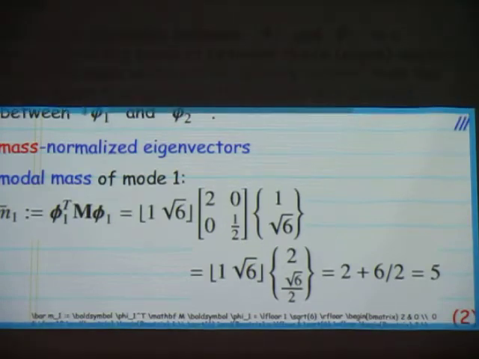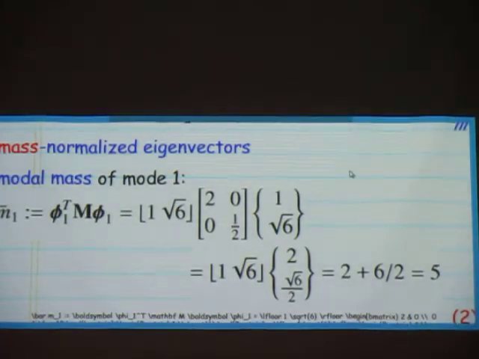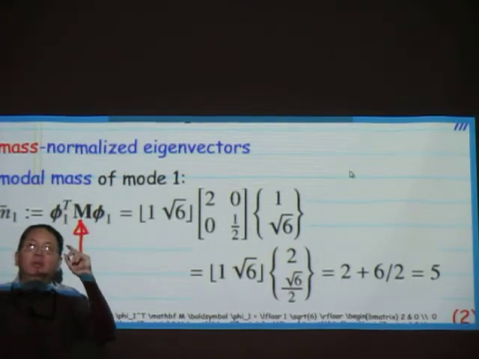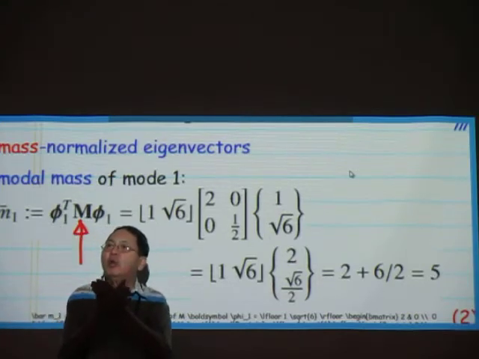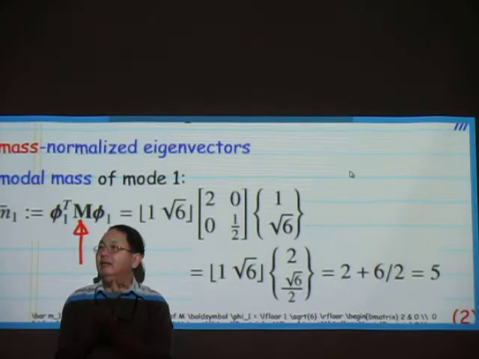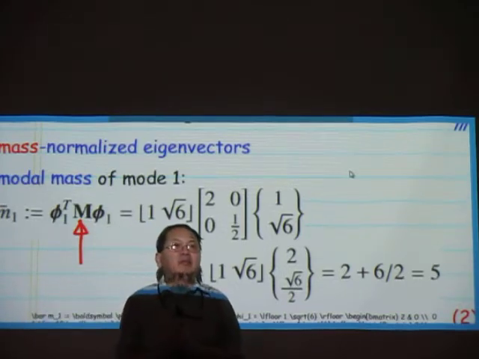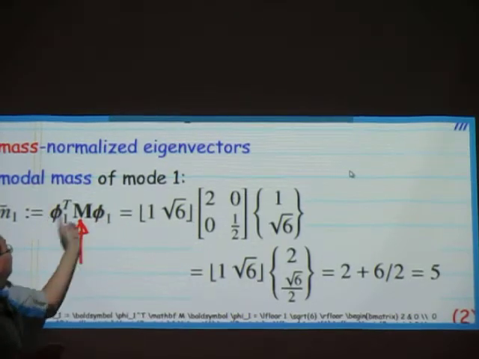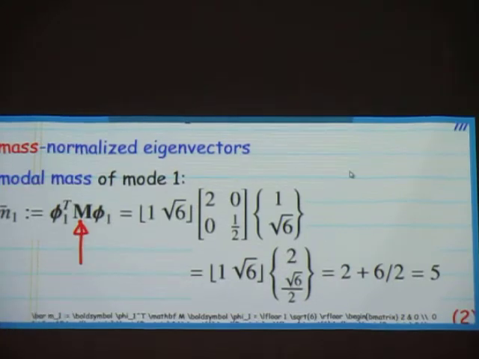If you look at the modal mass, suppose that you replace M by an identity matrix, right? Then you would have phi1 transpose times phi1. How do you interpret phi1 transpose times phi1 in the classical vector algebra that you learn? In the case the mass matrix was an identity matrix, what is it?